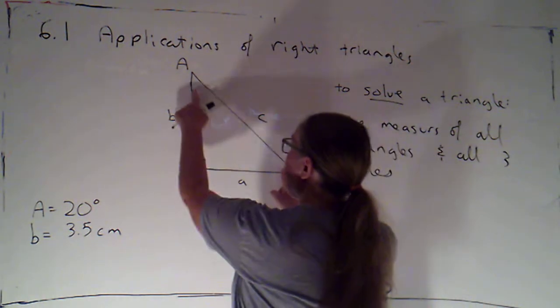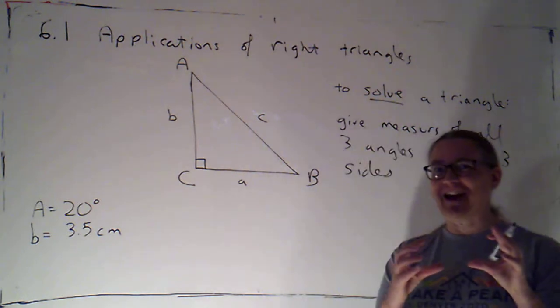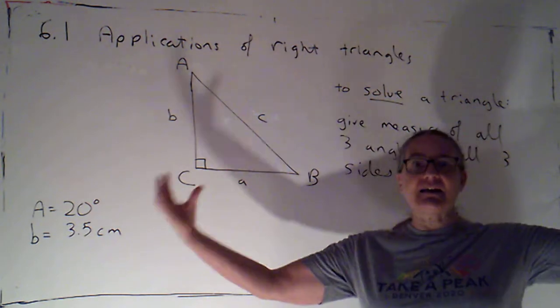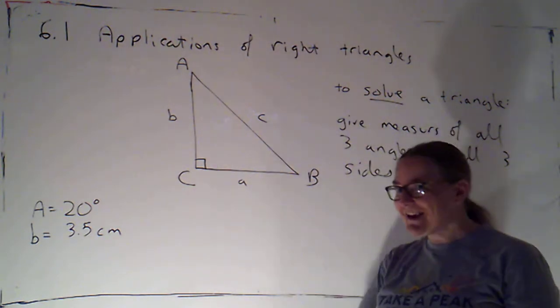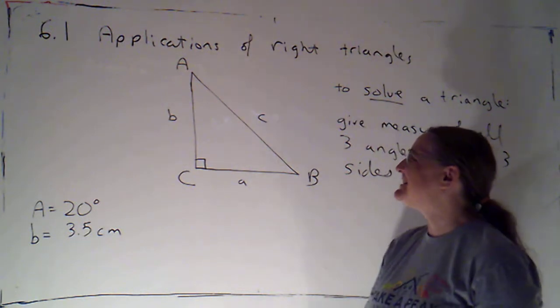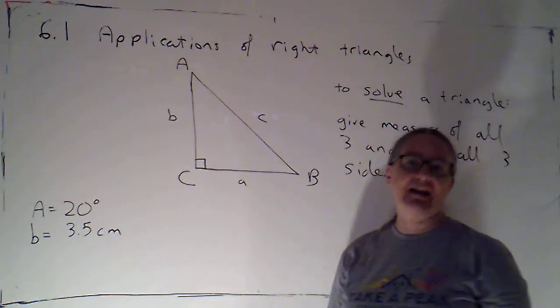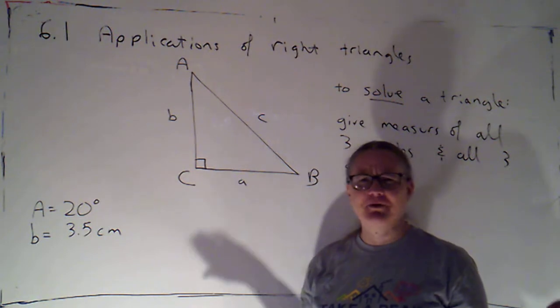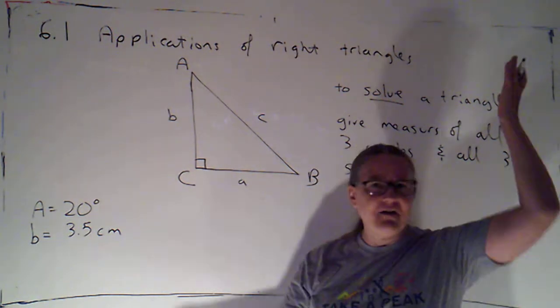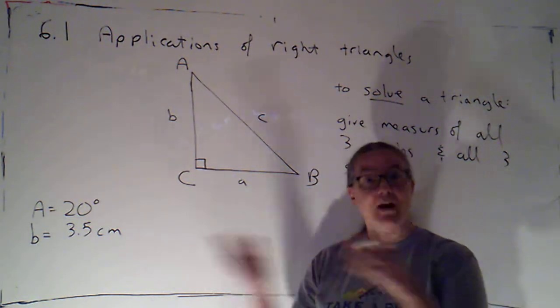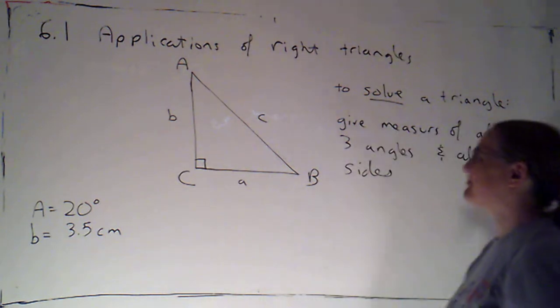Having all 3 angles would give us the shape of the triangle, but it could be any size. It would give me the correct proportions or ratios between the sides, but it wouldn't tell me how big the triangle was. We've seen that we can have a 30, 60, 90 triangle of any size that we want to, but the ratio between the sides is always the same.